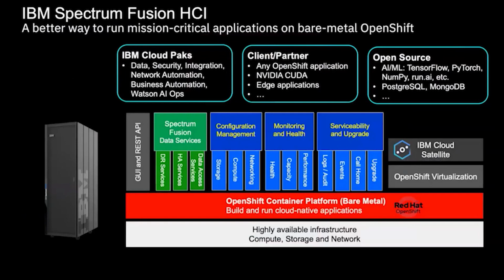Running within OpenShift are a set of HCI management services deployed as OpenShift operators that manage the compute, storage, and networking. The HCI UI operator provides a single pane of glass to manage IBM Spectrum Fusion HCI and is integrated with single sign-on provided by OpenShift.